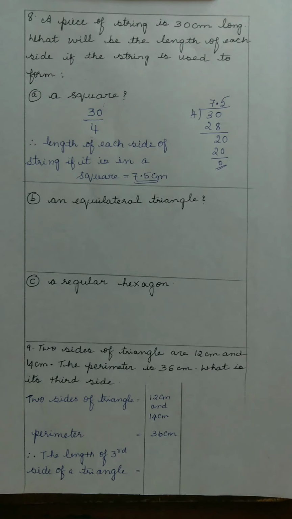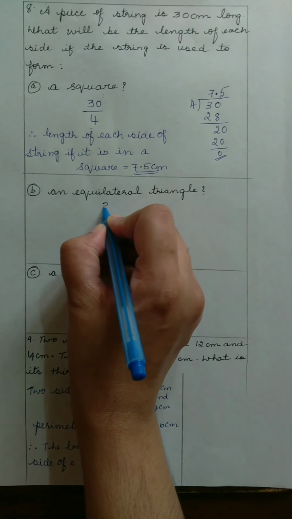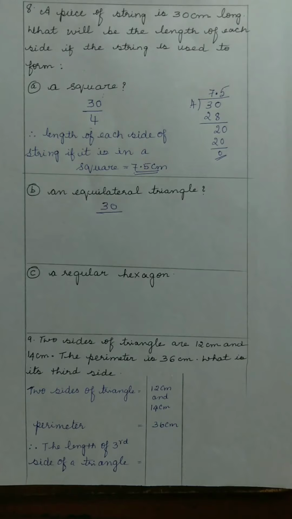Next, if the string is transformed into an equilateral triangle, then we need to find the length of each side. Initially the length of the string is 30, divided by 3, since a triangle has 3 sides.